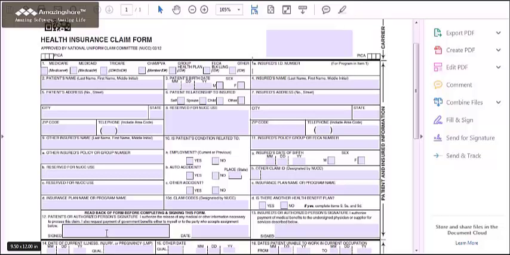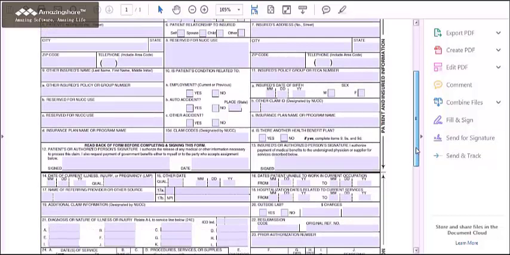This entry indicates that there's an authorization on file for the release of medical information necessary to adjudicate the claim. Field 13 also is the insured signature on file. It indicates the same thing, that it should either indicate signature on file or a valid signature.